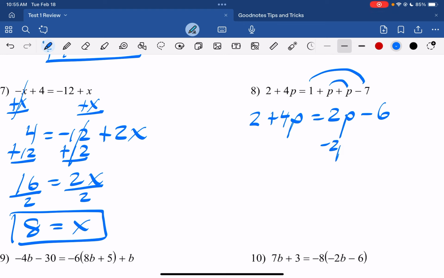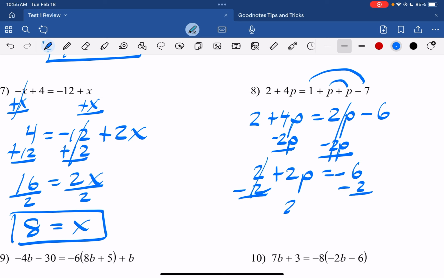We're going to take away 2p, the smaller of the two, and there's 0. 2 plus 2p equals negative 6. Two-step equation. Subtract 2, so 2p is negative 8, and divide by 2. That cancels out the 2's there, and we get p is negative 4.